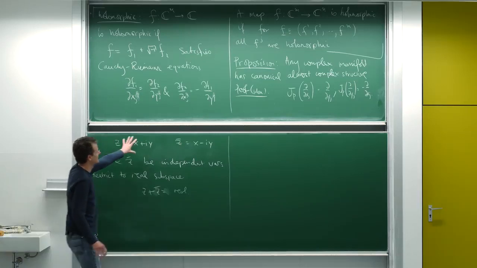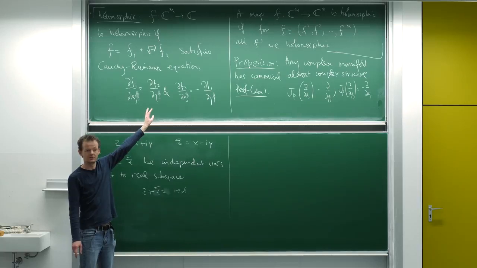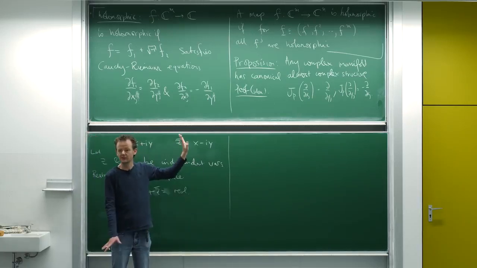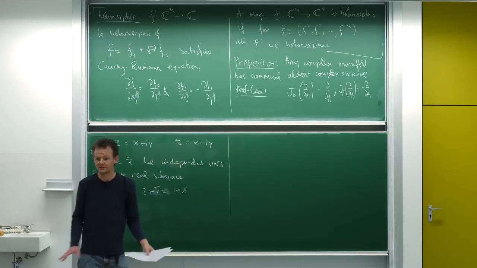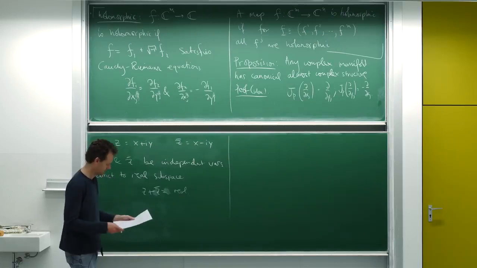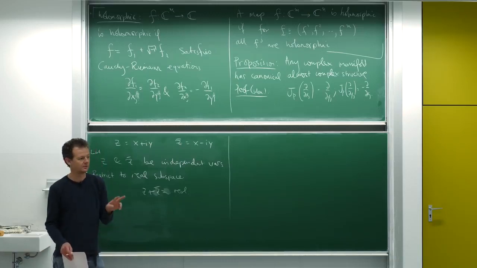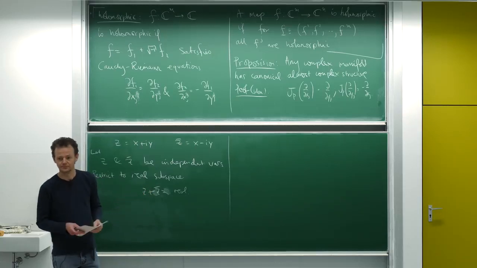So we're going to do exactly that. We're going to now introduce complex coordinates for all our manipulations, and we're going to think of z and z bar as being completely independent complex variables. And then only when necessary do we restrict to the real subspace. It's extremely convenient to have complex coordinates which are independent, z and z bar, because it allows us to express the constraint of holomorphicity in a very, very nice way.